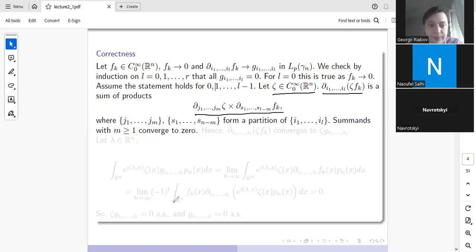Now our induction assumption works. If m is greater or equal to zero, then here we have less than L indices, so in the limit it will give zero in LP, and this is a bounded function.